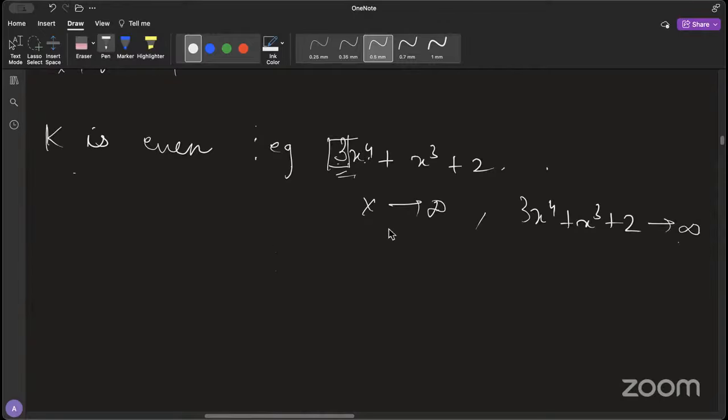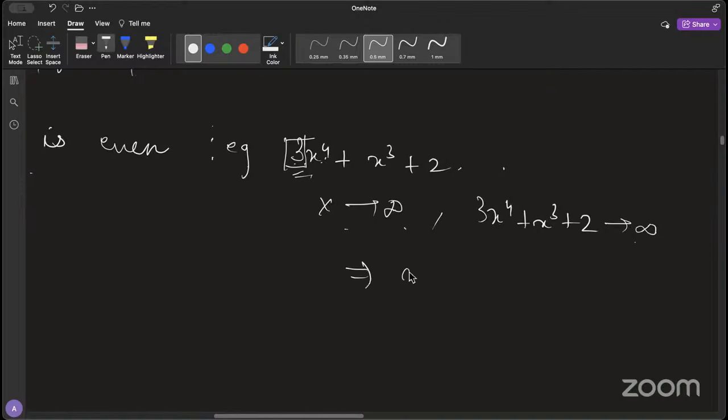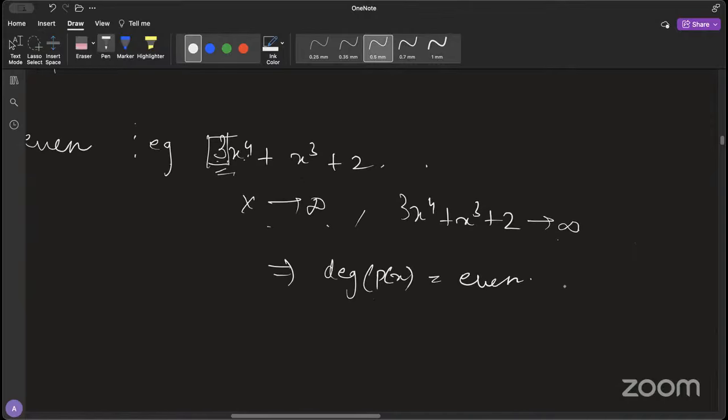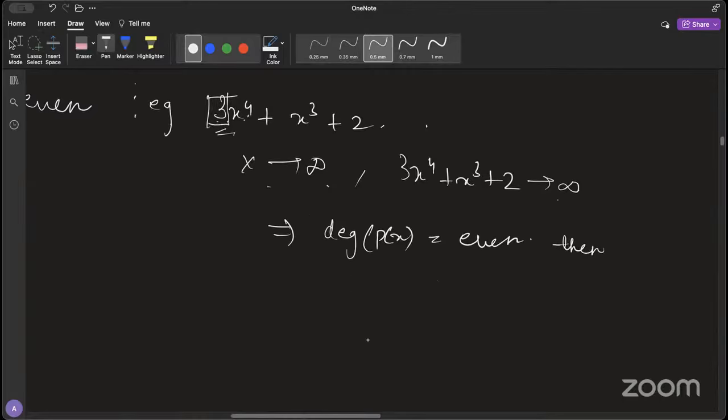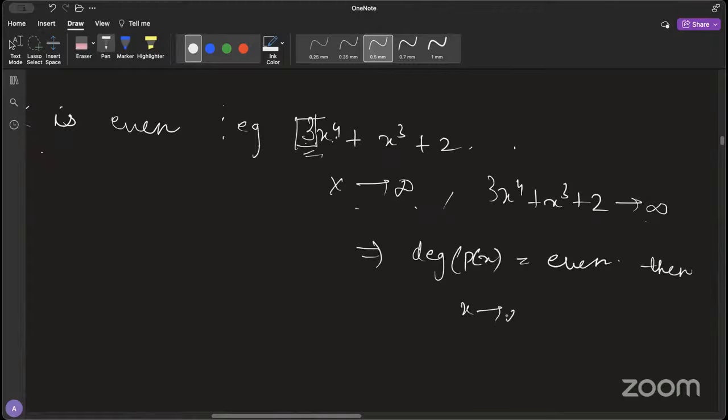If your k is even, this means the degree of px is even, and the leading coefficient is positive. Leading coefficient means ak, right?